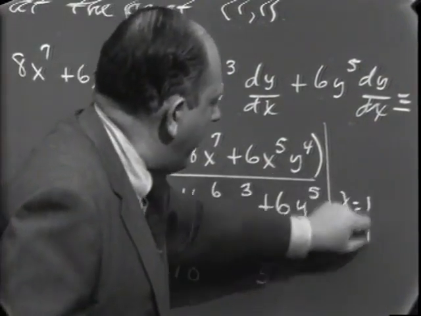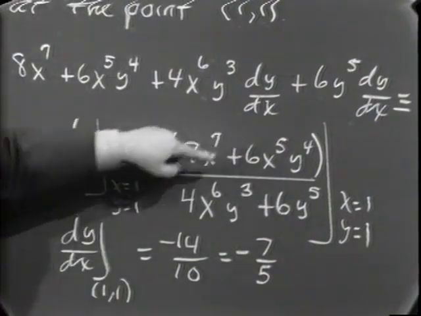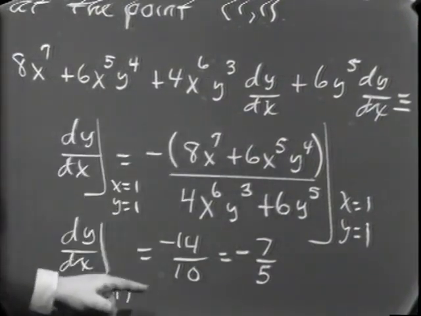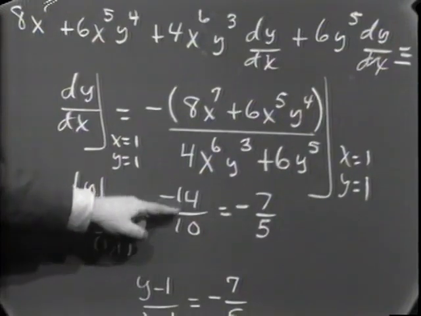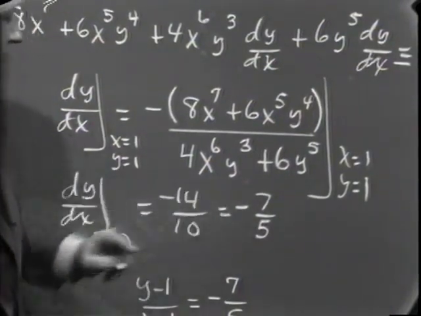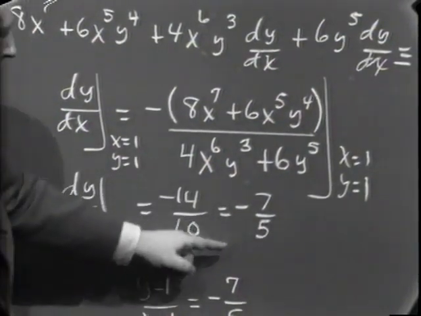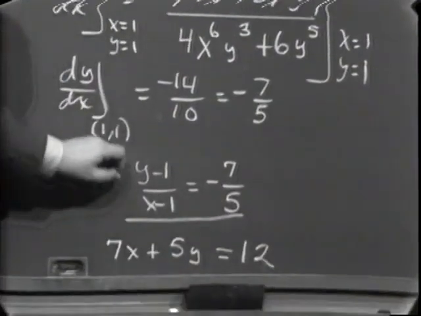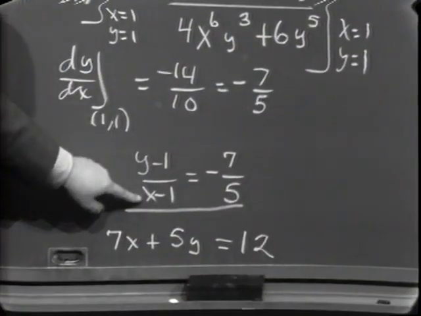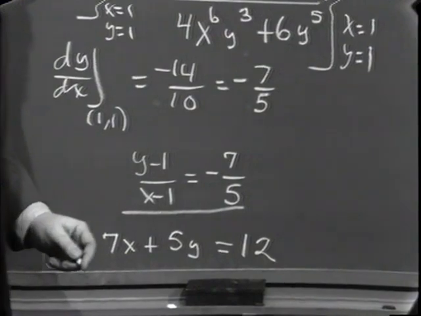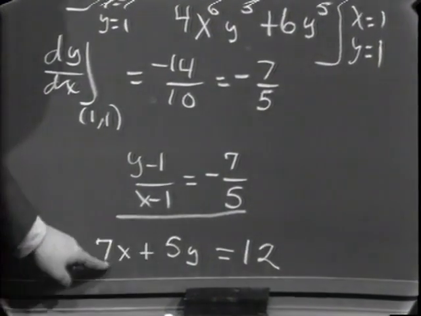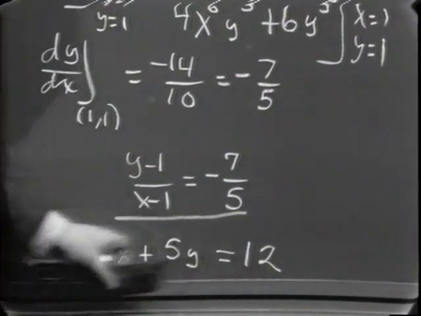And that works out very nicely computationally. It's just minus 14/10. In other words, at the point (1, 1), the slope of the curve is minus 7/5. The curve passes through the point (1, 1). Hence, its equation is (y minus 1) over (x minus 1) equals minus 7/5, or more explicitly, 7x plus 5y equals 12.